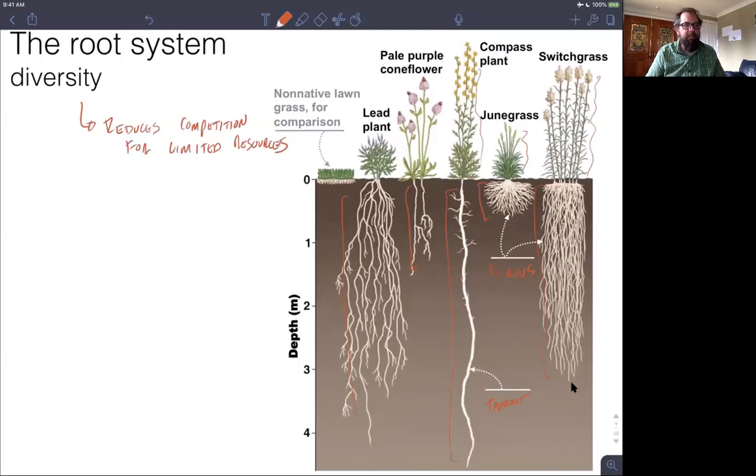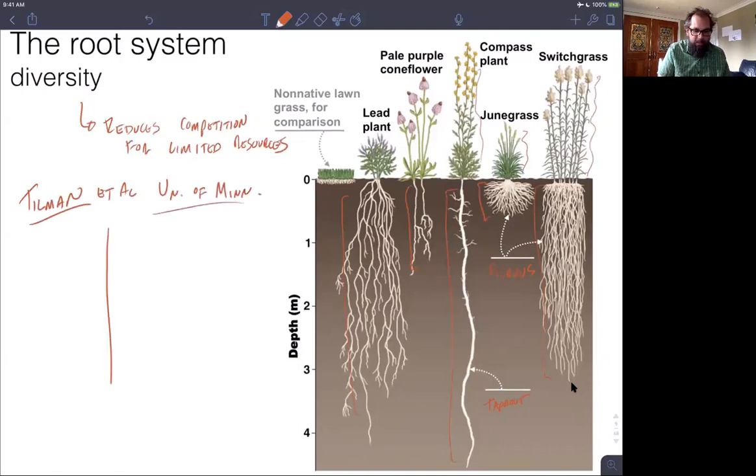And so this has actually been shown in some really great community ecology experiments by a group, Tilman et al. at the University of Minnesota. What they showed is that if we look at a plot of diversity, and that diversity can be measured in a number of ways.